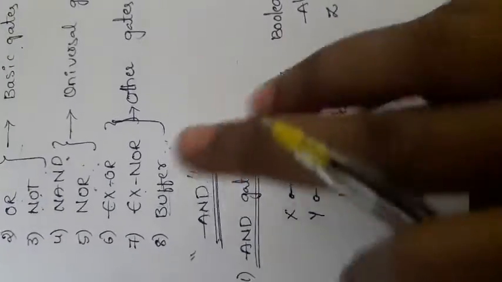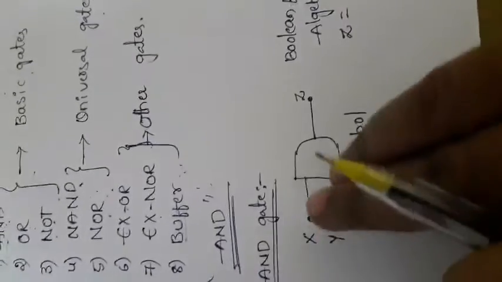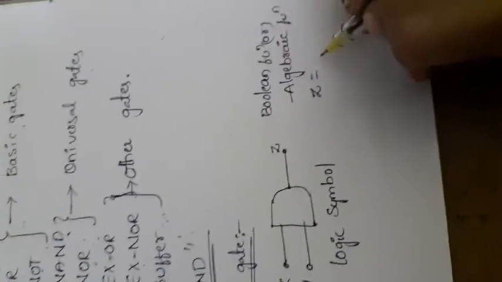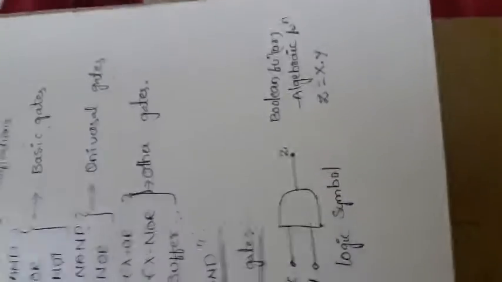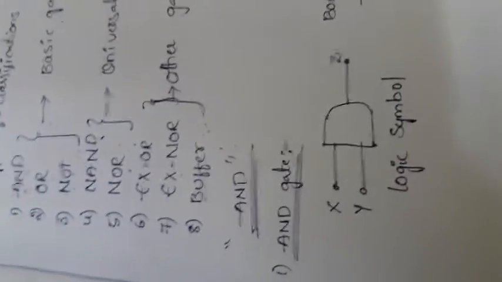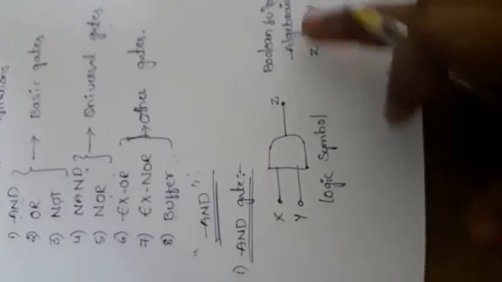Z is equal to, the AND gate operator is the dot, which we can consider as multiplication, x into y. So the logic symbol and the algebraic function are completed. Now we'll go for the truth table.